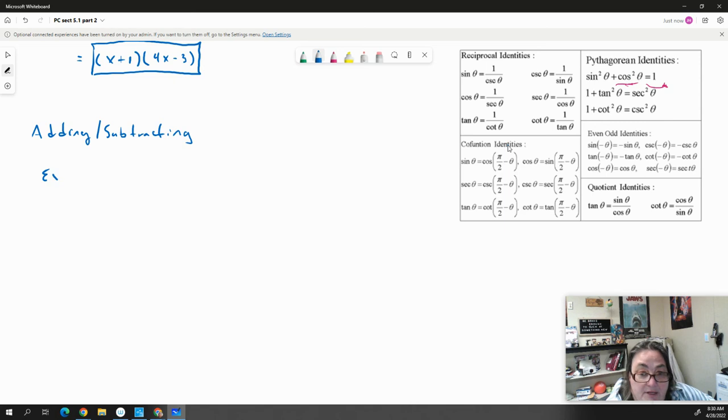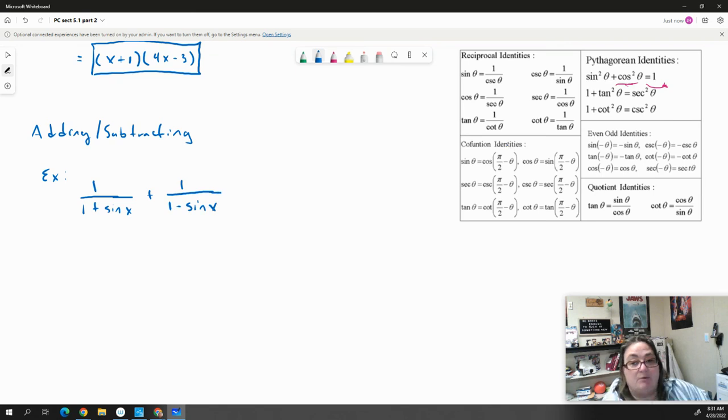So if I have, for example, 1 over 1 plus sine of x plus 1 over 1 minus sine of x.